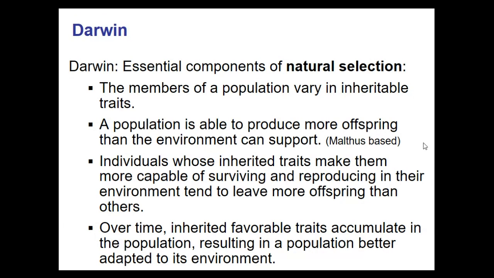So there's no such thing as a perfectly adapted organism, because the environments don't stay the same forever. Adaptation is a moving target. As populations are adapting by natural selection to the environment, there's always something changing in the environment, and so they have to adapt differently.